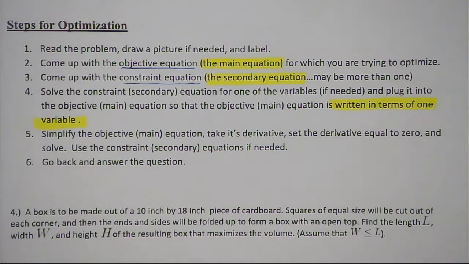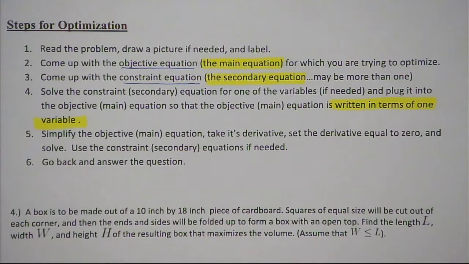All right, so you have to come up with your main equation. You have to come up with the constraints or the secondary equations, which could be more than one, which is actually the first number 4 that we're going to do. We'll see that. Then the bulk of this is that you're going to solve the secondary equation, your constraints, for one of the variables, and then replace that part into the main equation.